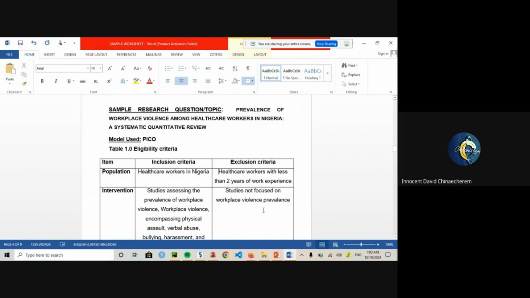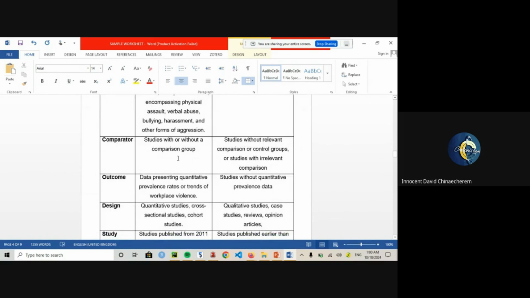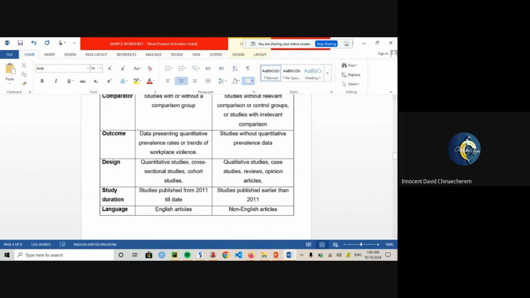In terms of our intervention, we're interested in studies that are assessing prevalence of workplace violence, encompassing physical assault, verbal abuse, bullying, harassment, and other forms. We've got our exclusion criteria there: studies with or without a comparison group. We've got our outcome on quantitative prevalence rates or trends, and any study without quantitative prevalence data is going to be excluded. Then we have our design, which is quantitative studies, cross-sectional studies, cohort studies.